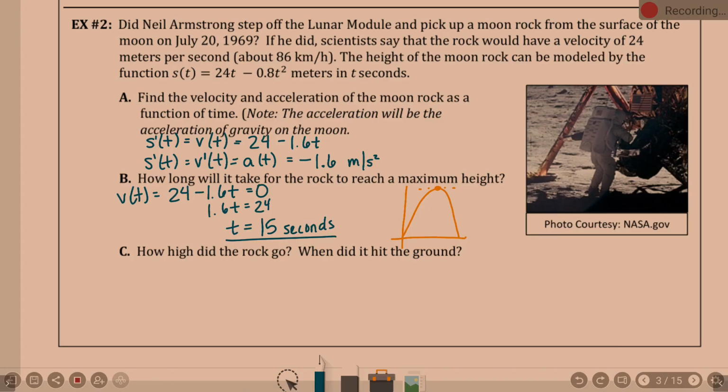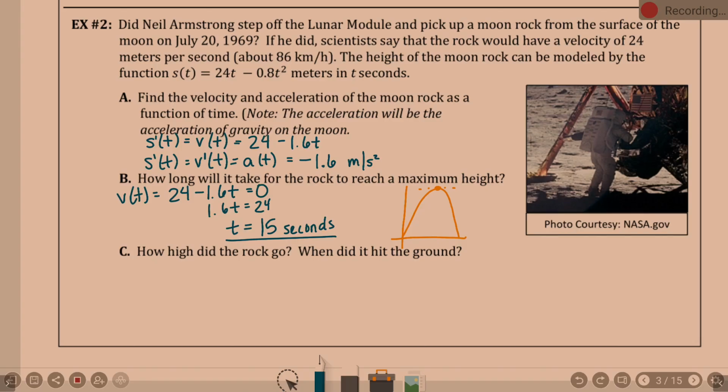Now, 2 more related questions. How high did the rock go? And when did it hit the ground? So first of all, how high did the rock go? You can just take the initial equation and plug 15 in for t. The max height happened at 15 seconds. We were given a position formula or a height formula, so plug 15 in.